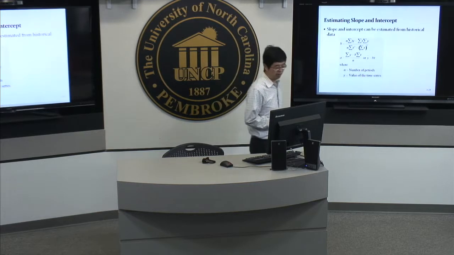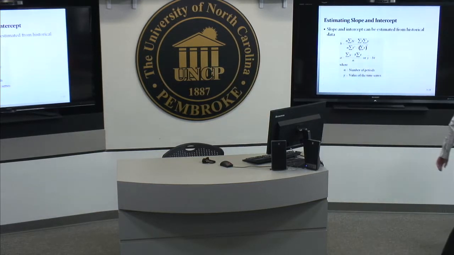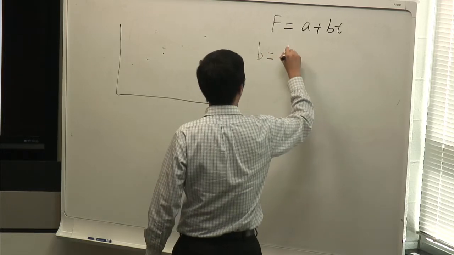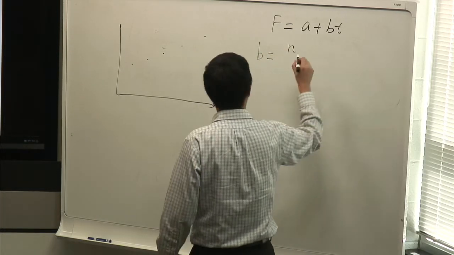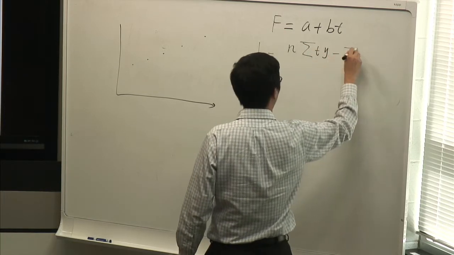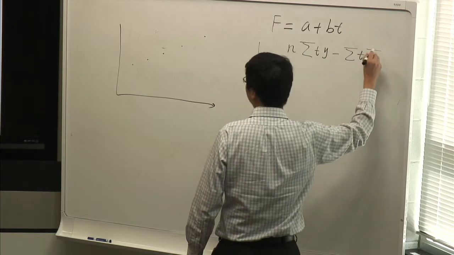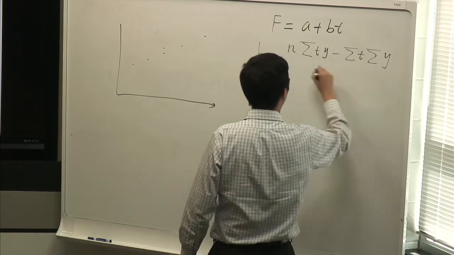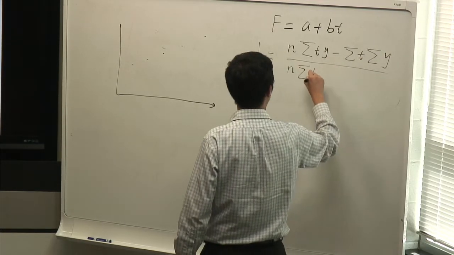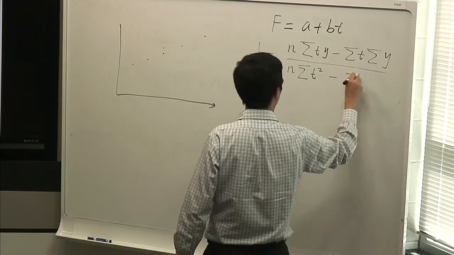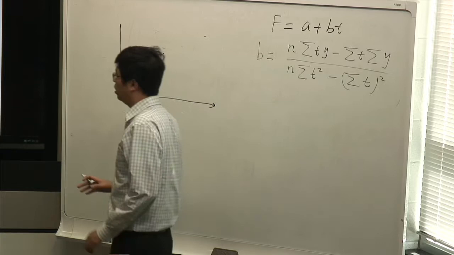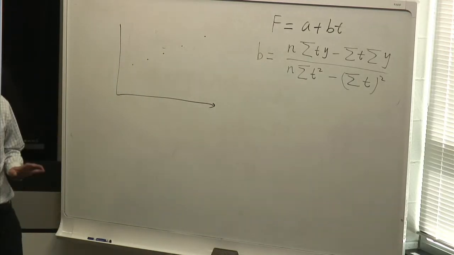I can write down this formula just in case you need it, but you should also write it down. So the slope is b. It's calculated in this way. I will explain step by step. So that's the formula to calculate the slope, which is b.